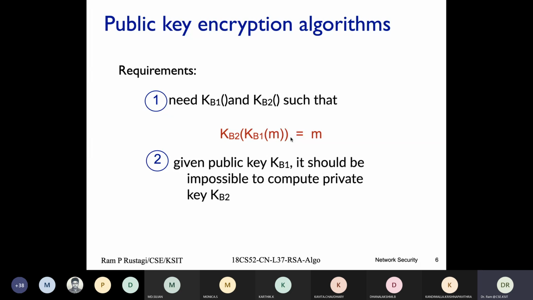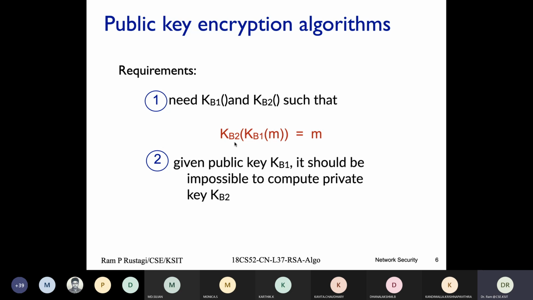The second requirement: given one key, let's say KB1 is public, meaning it is known to everybody in the world, it should be impossible, or computationally infeasible, to determine the private key KB2. Because if somebody can determine it, then security is broken.